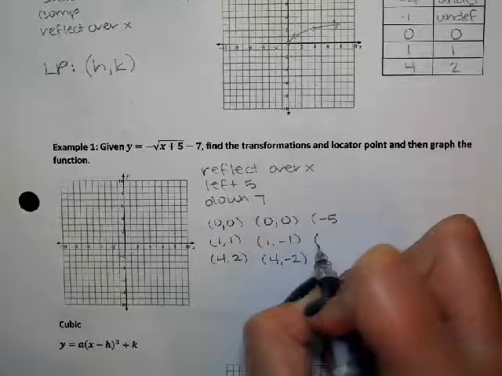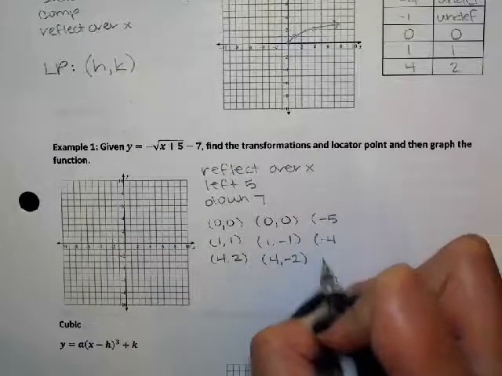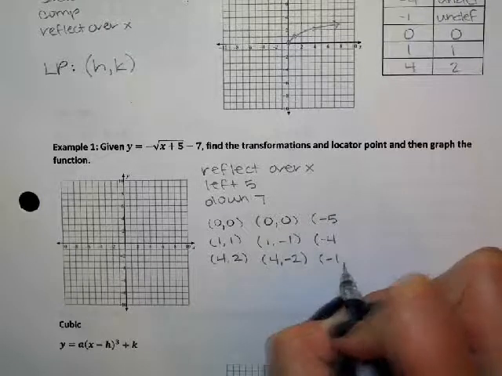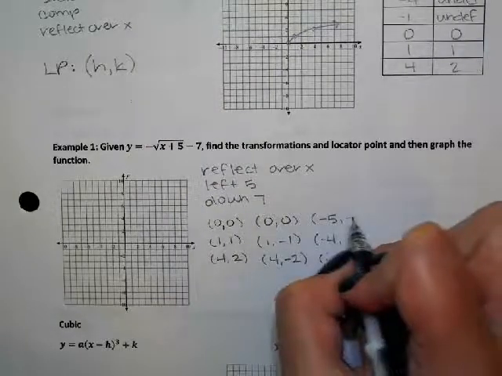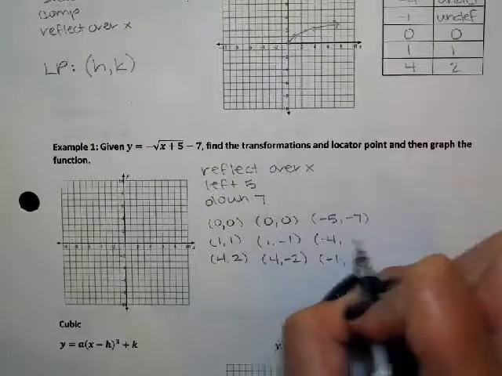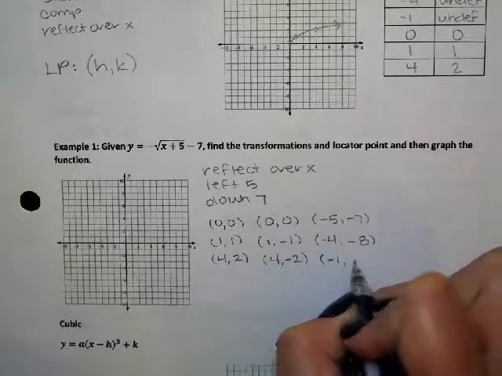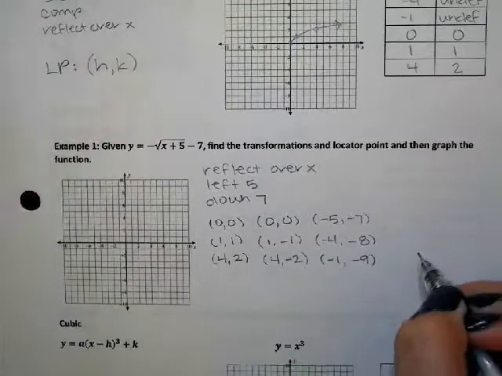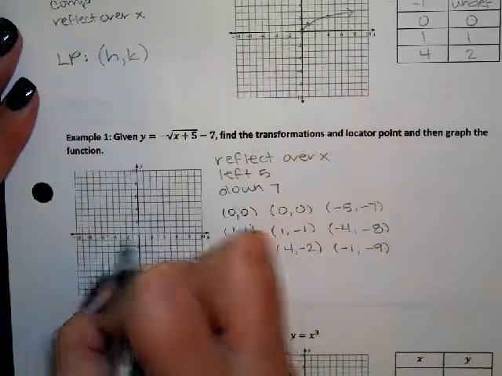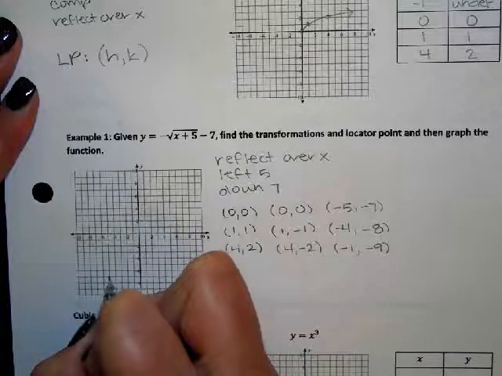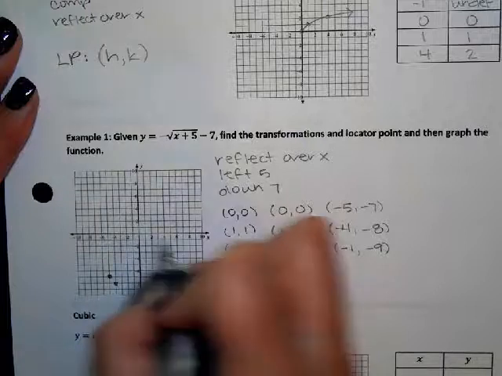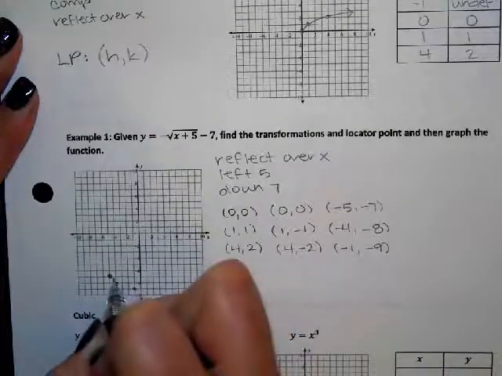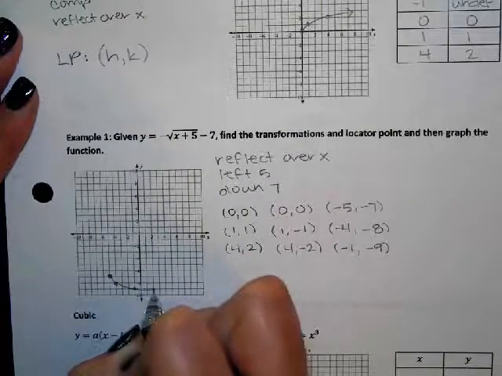And then I'll take my points and shift them down 7. So I have the points -5, -7, -4, -8, -1, -9, and so there is my graph.